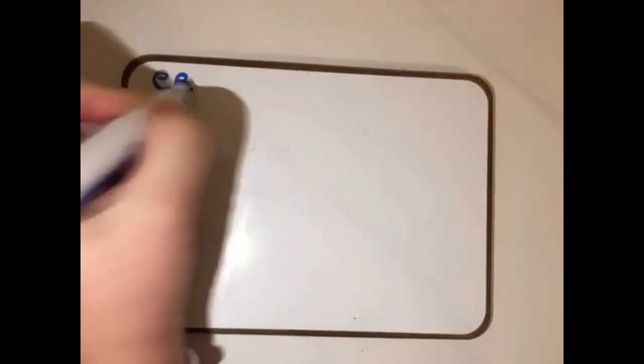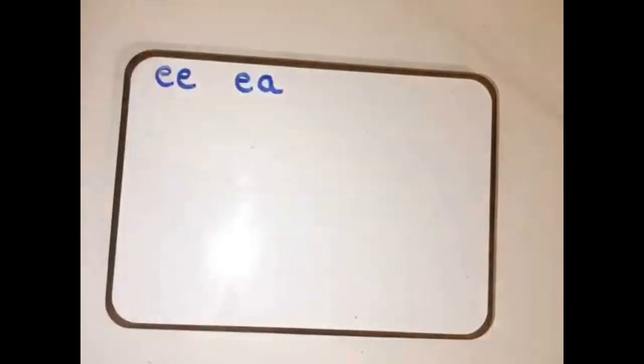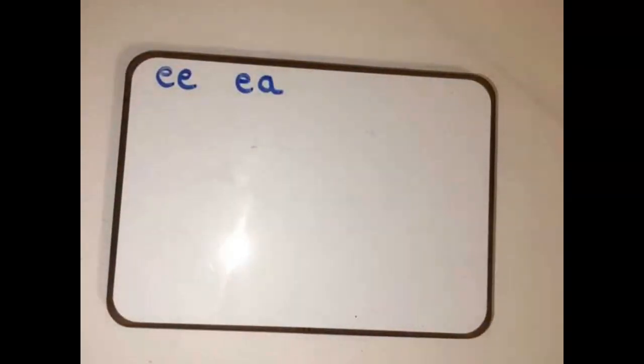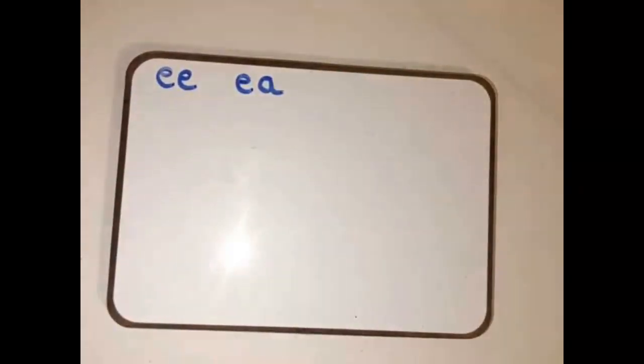All right, and now we're going to do something a little bit different. Let's write the word eat. When I am hungry, I love to eat. Eat. Now we've talked about EE and we've talked about EA. So you need to again think which two letters go into the word eat.